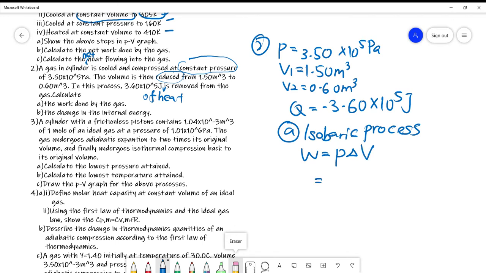So my pressure is 3.50 times 10 to the power 5, and my change in volume is 0.60 minus 1.50. So 0.60 minus 1.50.